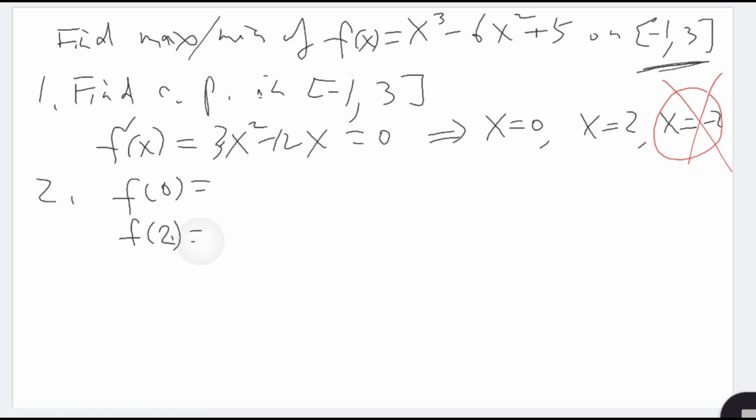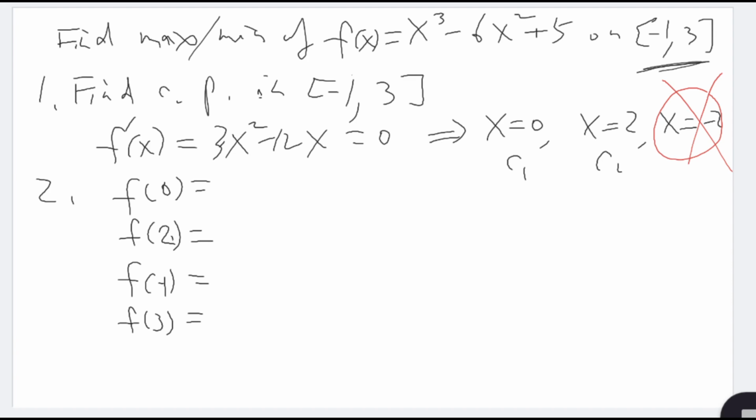There are 0 and 2, what I call C1, C2. We'll find the values of the two of them. And also the function at -1, that's the left endpoint, and at +3, that's the right endpoint.